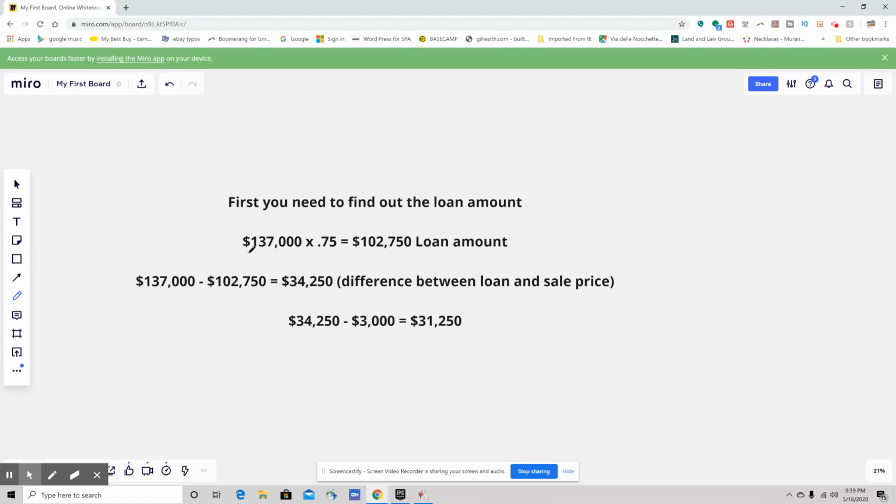They're saying it's a 75% loan to value. So we have to find out 75% of the sale price, and that's going to give us our loan amount.